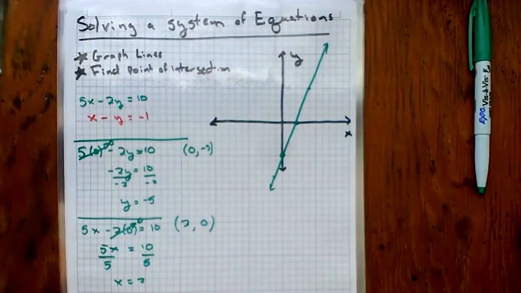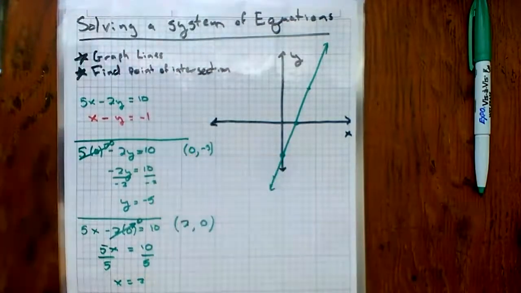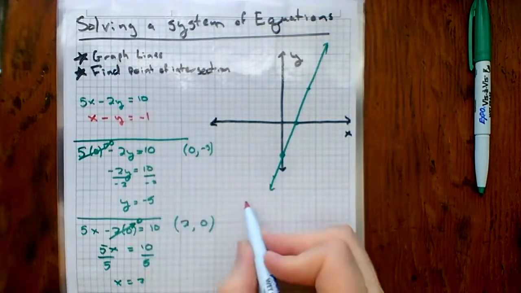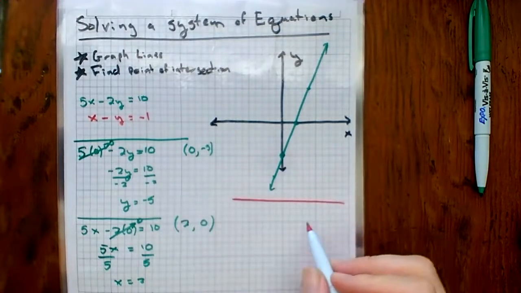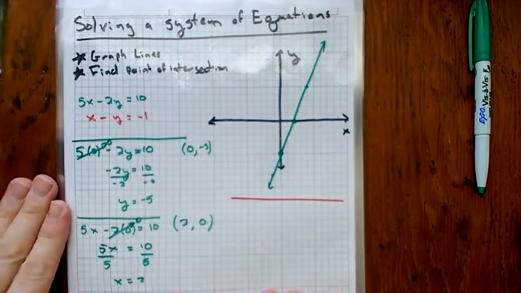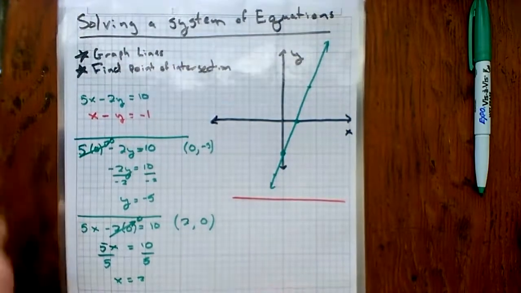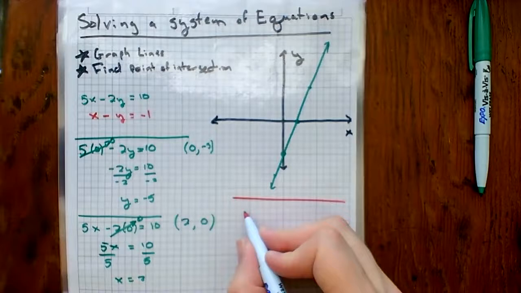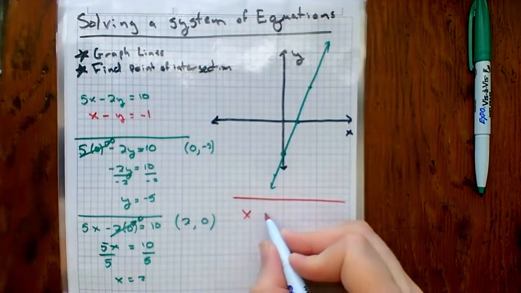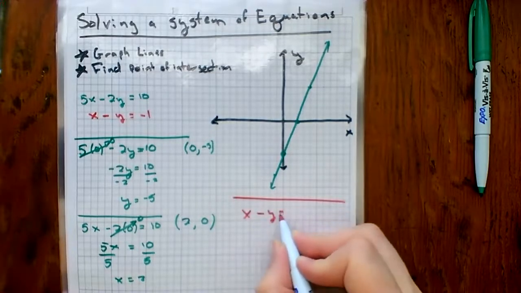Well, this second one is just as easy to figure out what our points are. And I say easy, but I will say I have a lot of practice, so of course I make it look easy. But the process is going to be the same. x minus y is equal to negative 1.